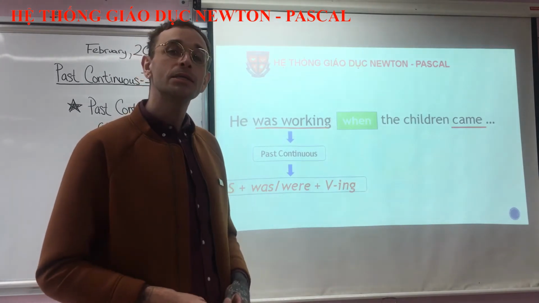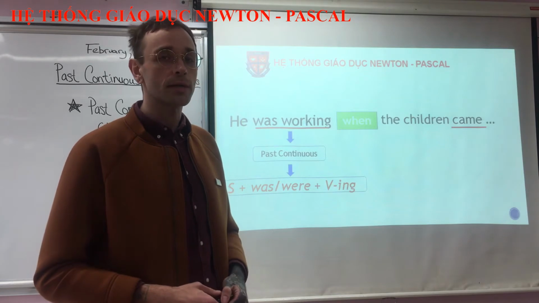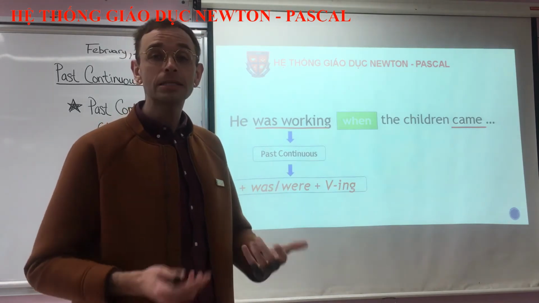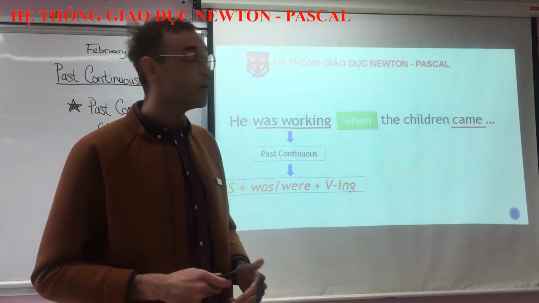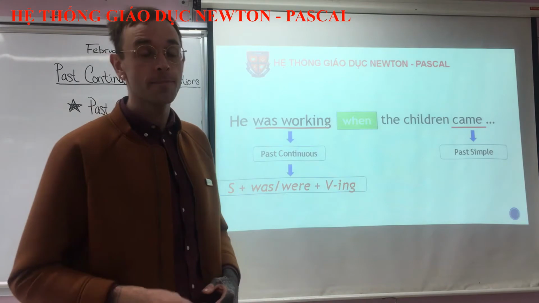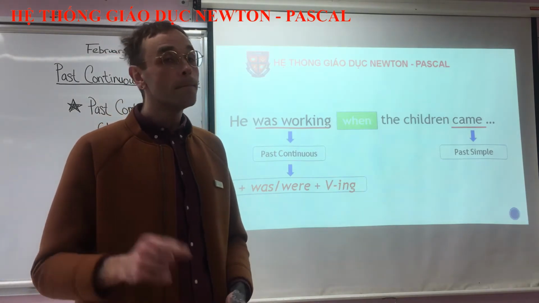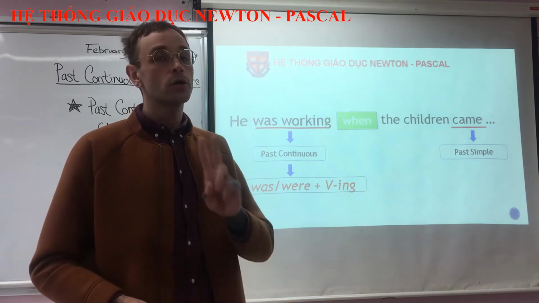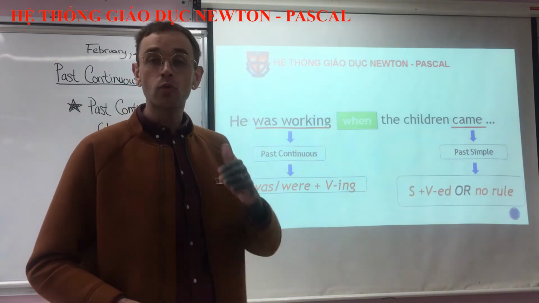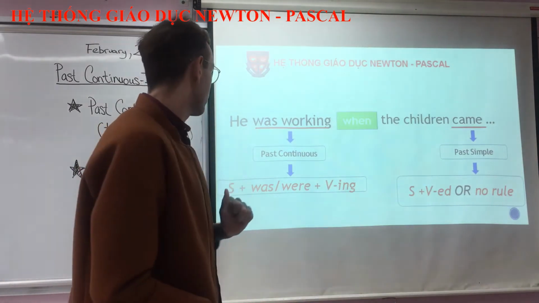Okay? Is this verb in past tense or present tense? What do you think? That's right. Came is the past simple form of the verb come. Okay? And past simple also has a rule, but it actually has two rules. It has a rule for regular and it has a rule for irregular verbs.